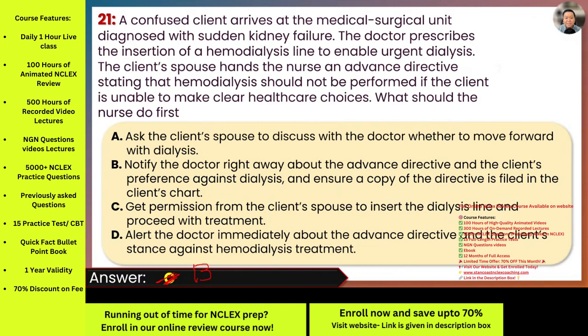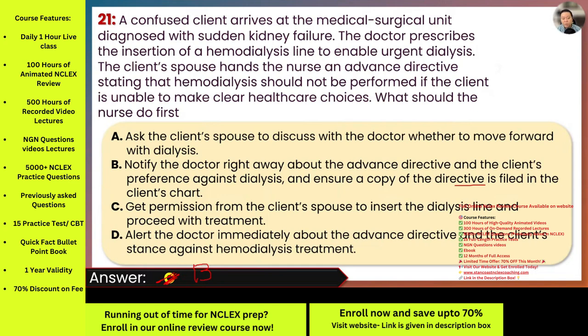So you have to immediately inform the healthcare provider that the prescribed treatment is conflicting with the client's documented wishes. And so when you are filing this document into their chart, this will ensure that all healthcare providers will respect the client's decisions, and also ignoring the advance directive could be considered battery, which is basically performing medical treatment without consent.